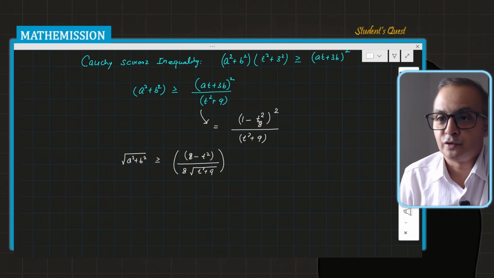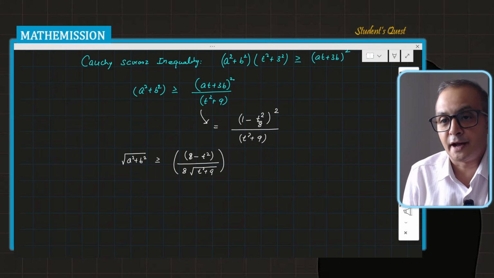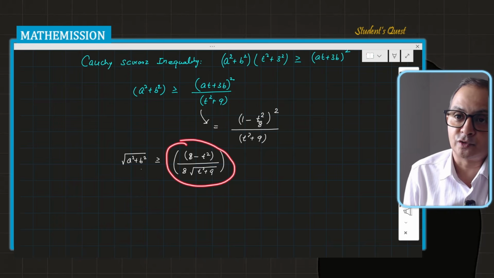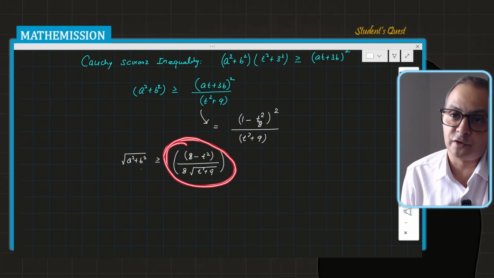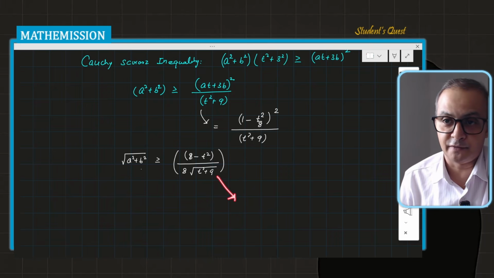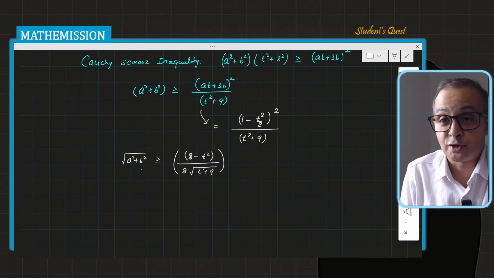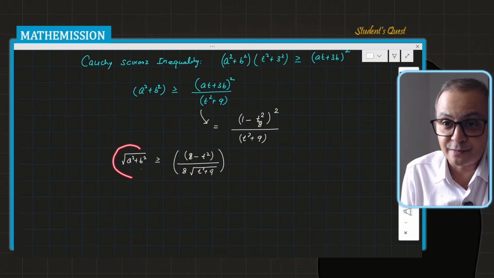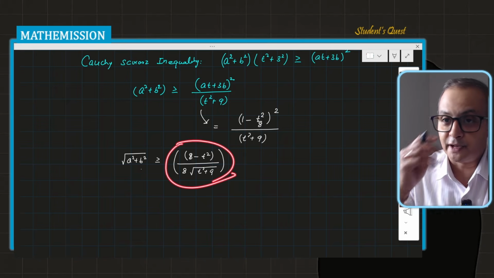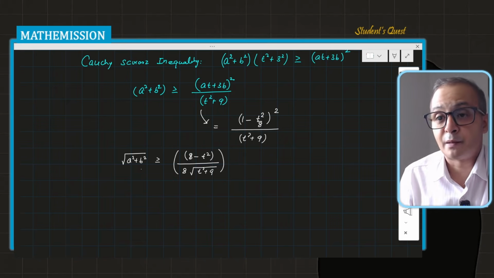This minimum value happens at, because now I have to find the minimum value of this quantity, and since this quantity is again in terms of t, which is already conditioned with the value of t, it can possess the minimum value at some different value of t. So I am trying to find the extreme minimum of this root of a square plus b square, because it is greater than this, so it should be greater than the minimum of this quantity.